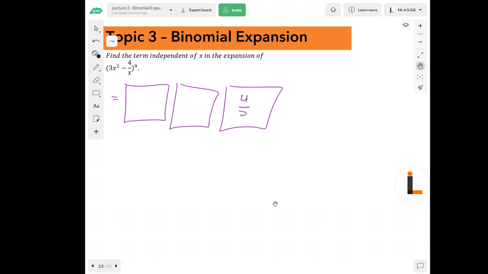So this is 4 over x. This is 3, so this is minus 4 over x even. This is 3x squared. So we know that our indices up here must add up to 9. But we need to compensate for the fact that we've got 3x squared here somehow.